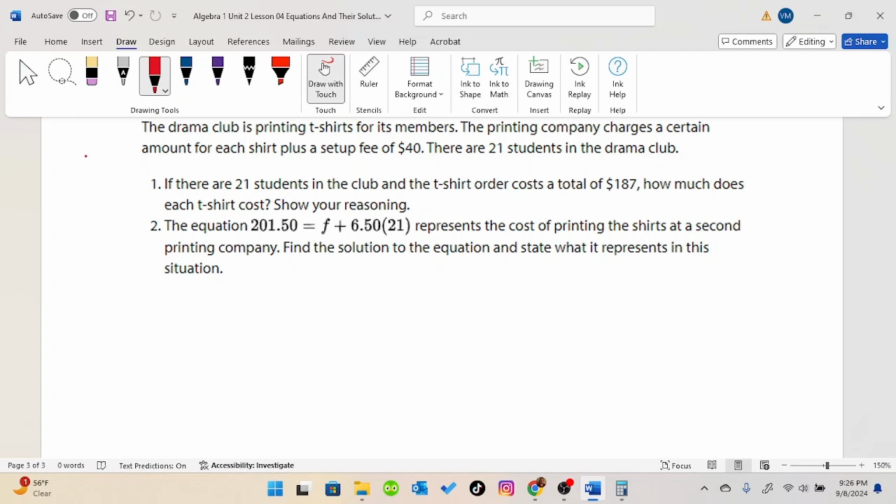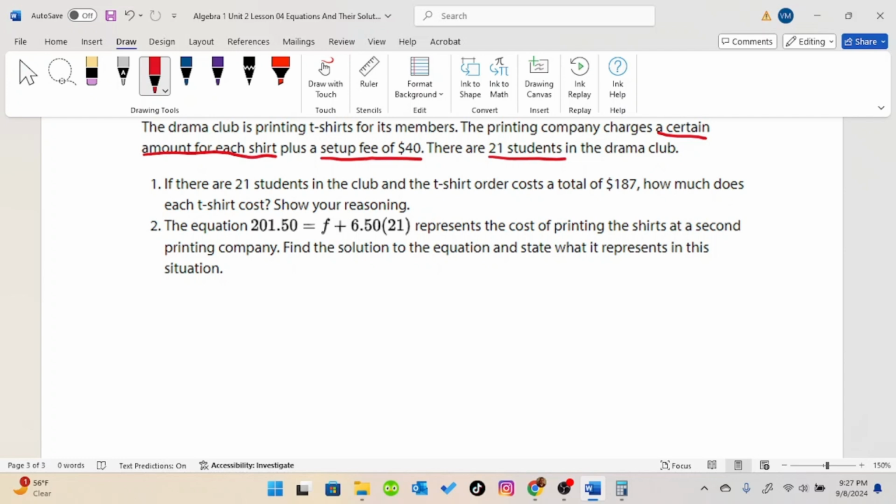So, if we look at this, we've got a setup fee of $40. We've got 21 students and a certain amount for each shirt.